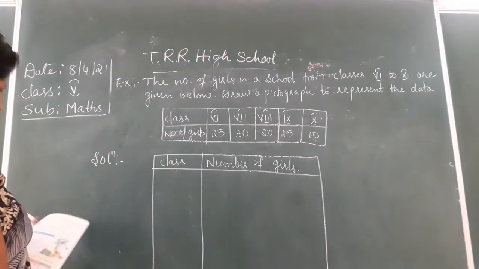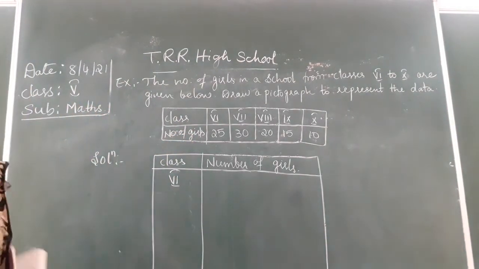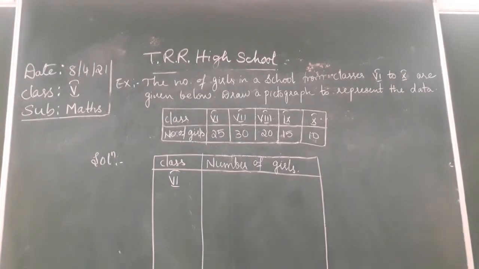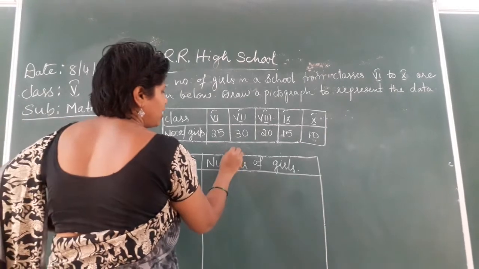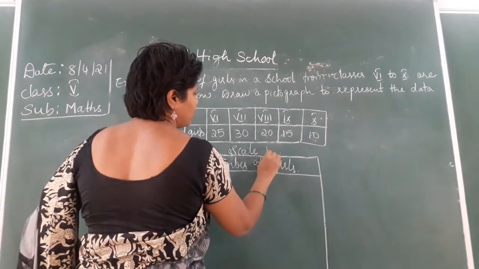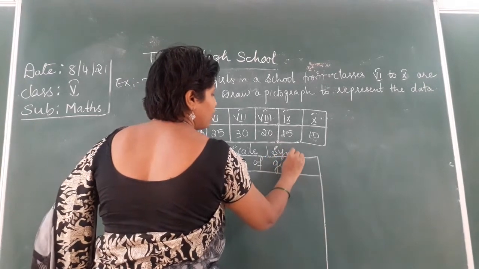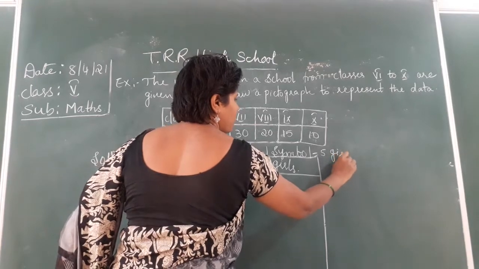Now first, 6th class. As I said, you have to consider the scale. So what is the scale? Here you write down the scale. Scale: one symbol is equal to 5 girls.